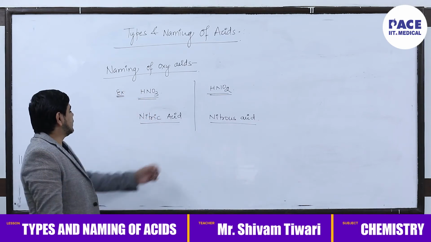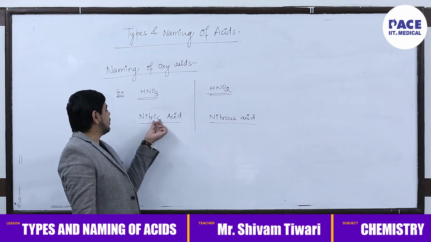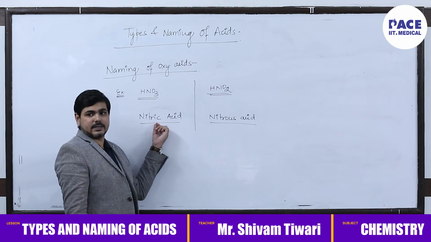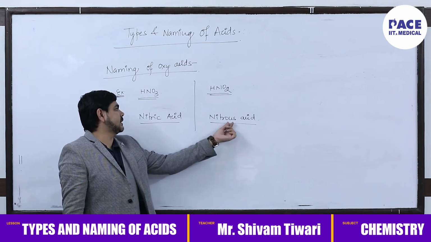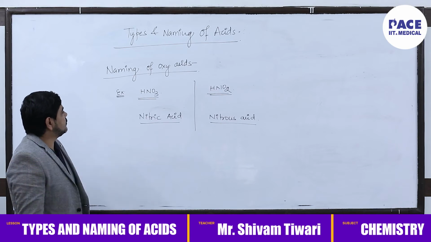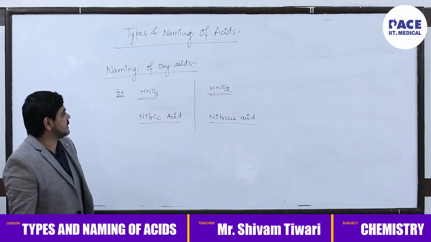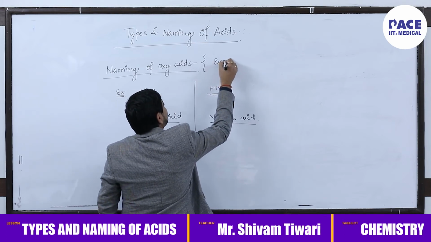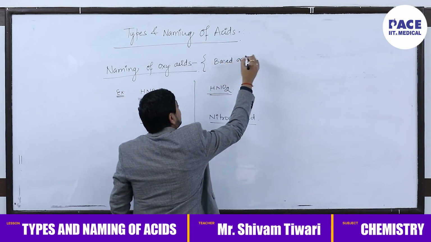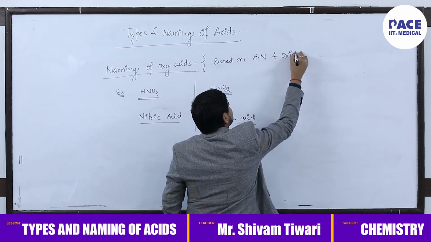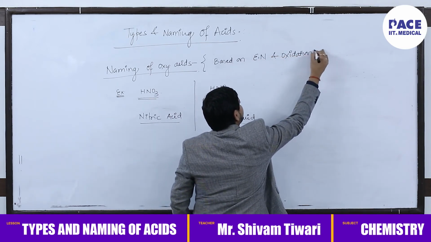So the basic difference in oxy acid is the suffix, whether it is going to be ic acid or it is going to be ous acid. The basic of naming of oxy acid is based on electronegativity and oxidation number.